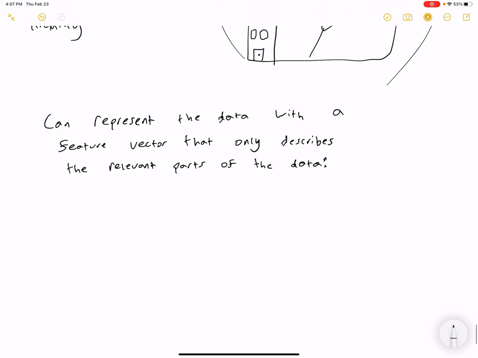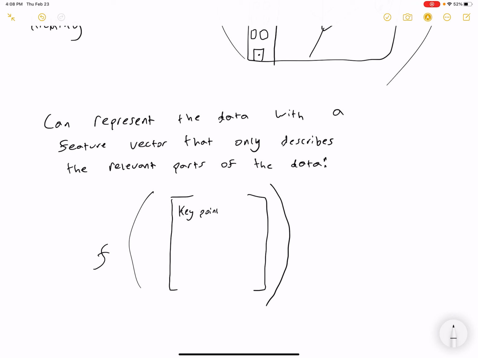So for example, instead of predicting on image space, we can convert all the images, and this is commonly done in action recognition, to a set of coordinates describing key parts of the body. I'll draw that out in a second so you know what I mean.